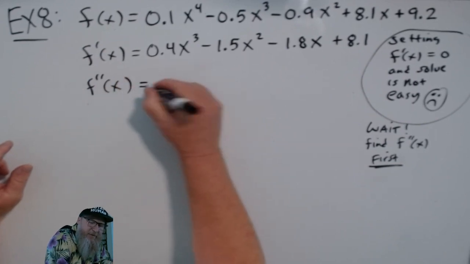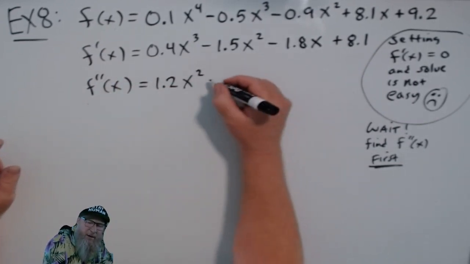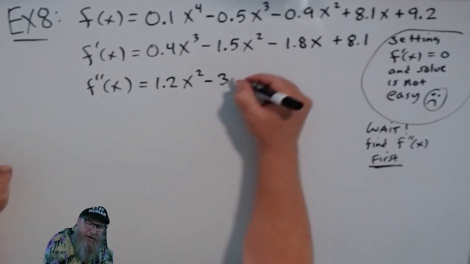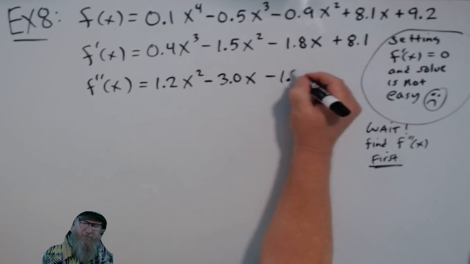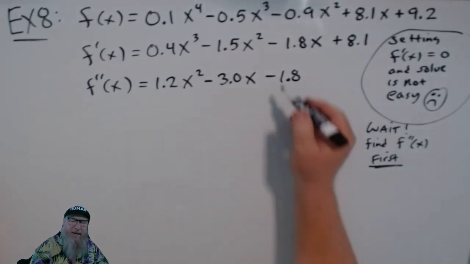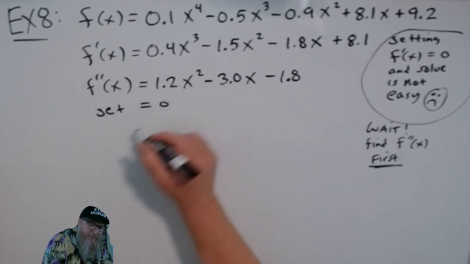Do the second derivative. It's going to be 1.2x squared minus 3, or technically 3.0x minus 1.8. And we will set this one equal to 0 and solve.